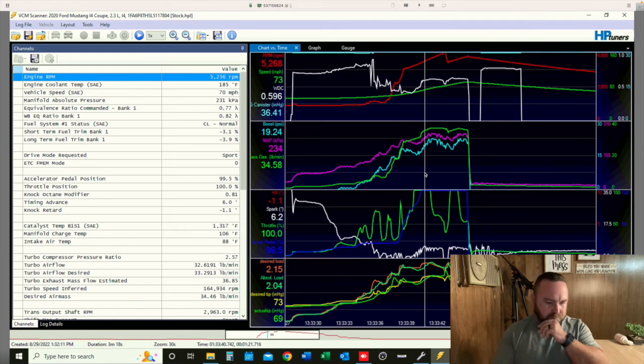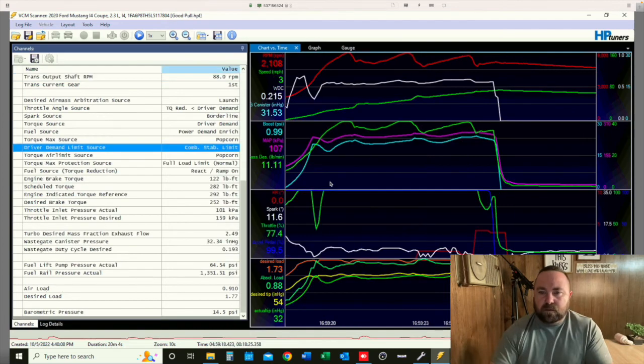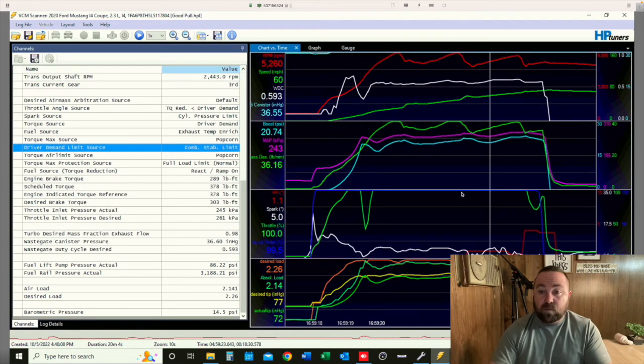Well, I would rather my car be predictable and smooth versus just the snappiest throttle possible at the expense of overworking some components. All right. So what we're looking at here is a full throttle pull after I made some changes to the tune file.